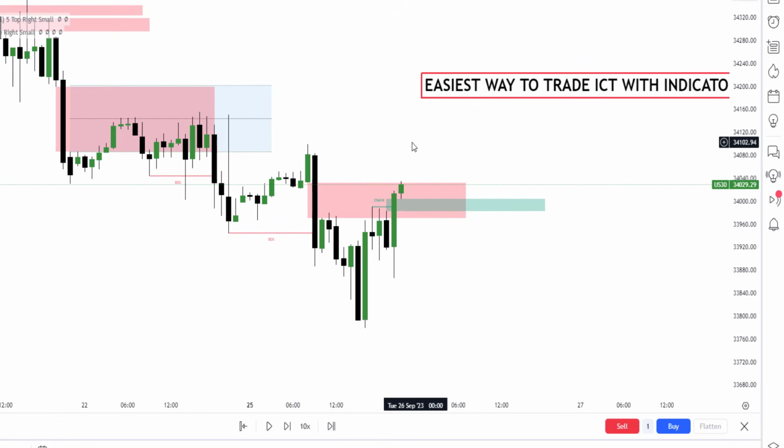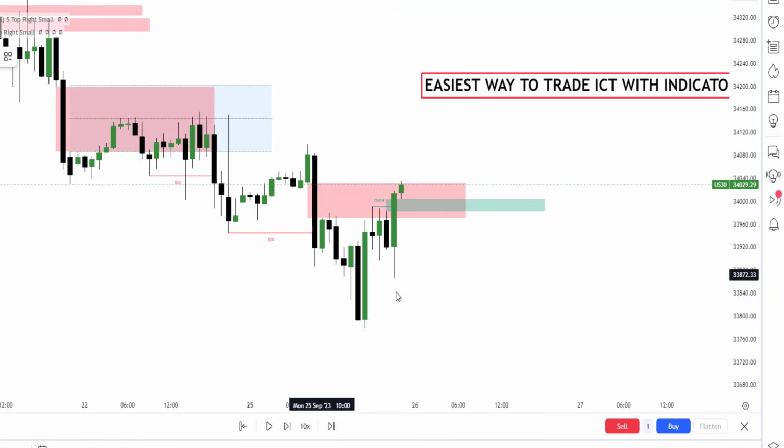But the beauty of this is that you want to use every knowledge that you've learned from ICT very well. So look at this price coming down, having this break of structure, picking your FIB level. Do not enter a trade in a fair value gap that is in a discount, especially if you are in a bearish market. That is the rule.